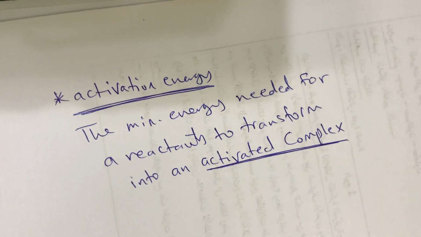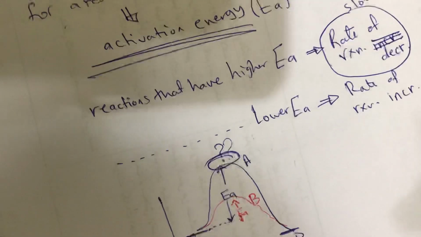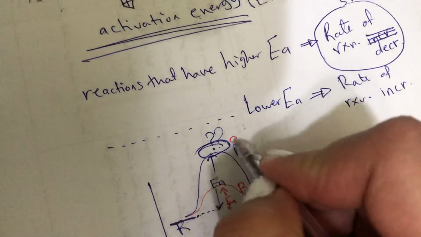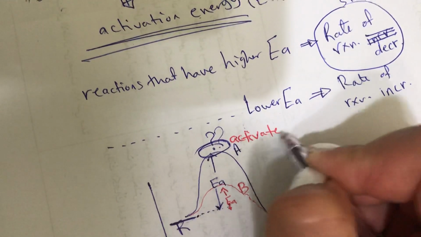So the top of the curve is called the activated complex.